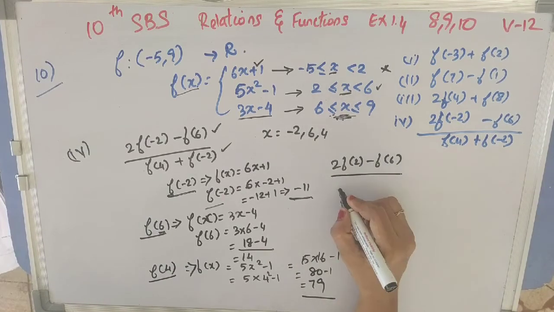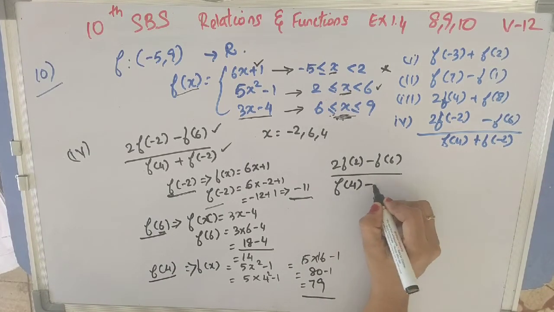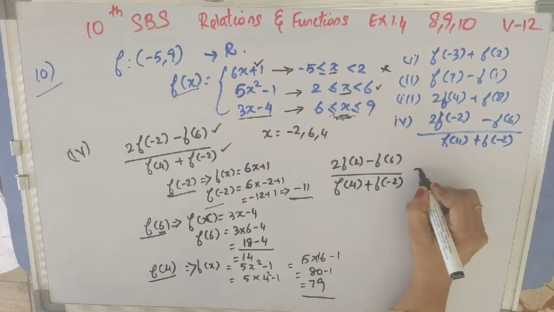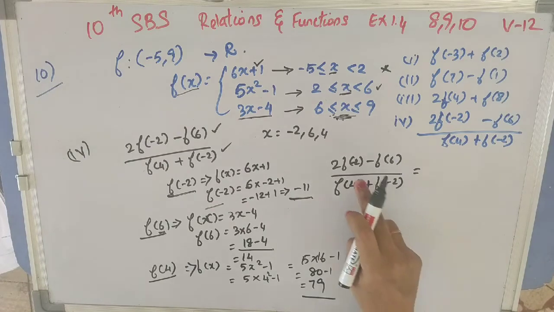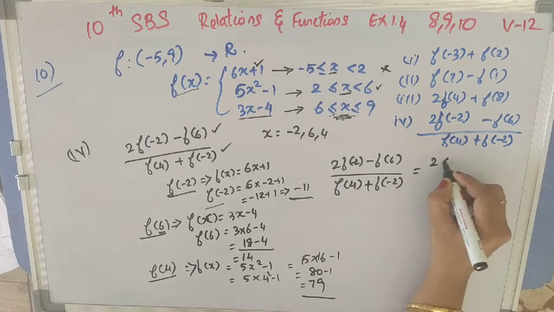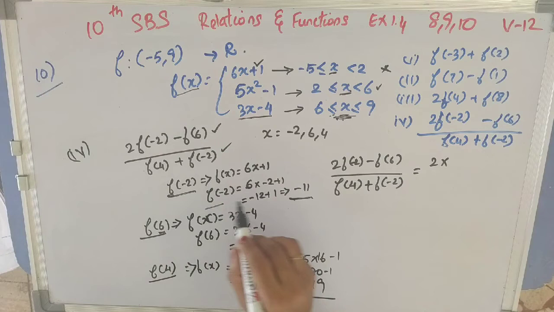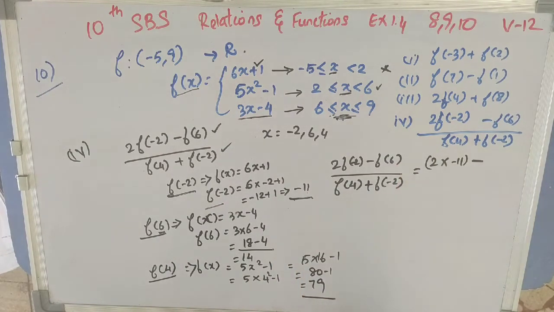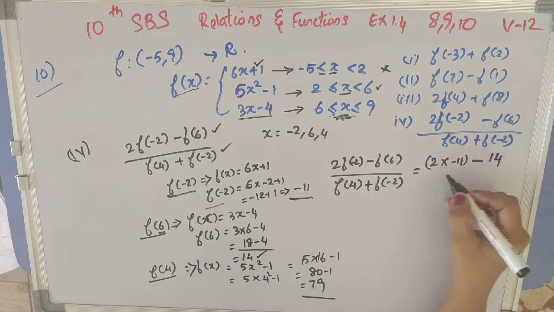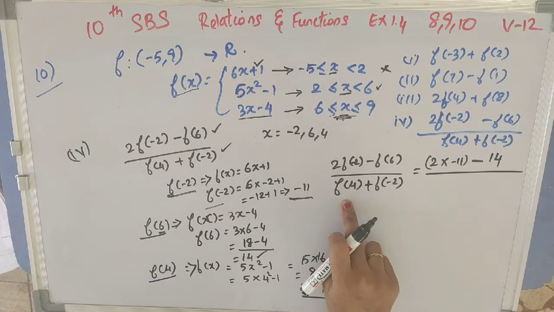Now what is the problem? 2 into f of minus 2 minus f of 6 by f of 4 plus f of minus 2, isn't it? So 2 into minus 11 because f of minus 2 is minus 11, minus what is f of 6? f of 6 is 14. By what is f of 4?